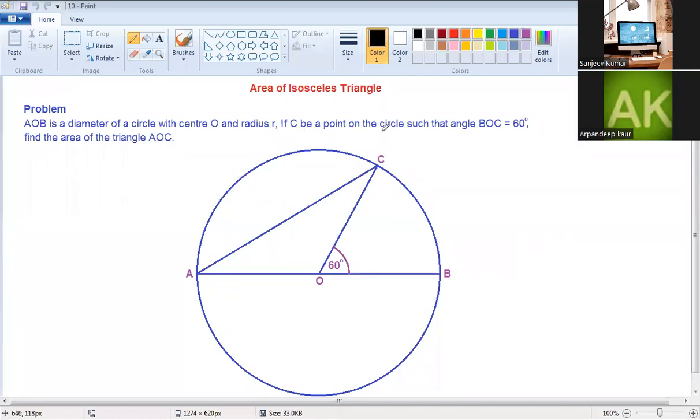If C is a point on the circle such that angle BOC is 60 degrees, as shown in the figure, find the area of the triangle AOC. So we have to find the area of the triangle AOC.